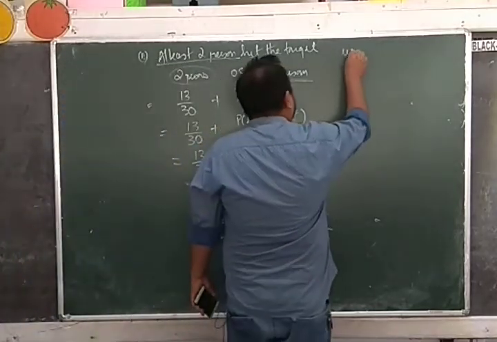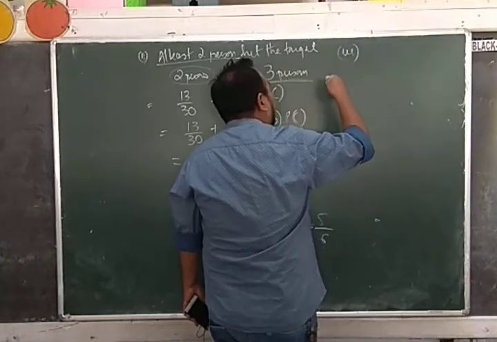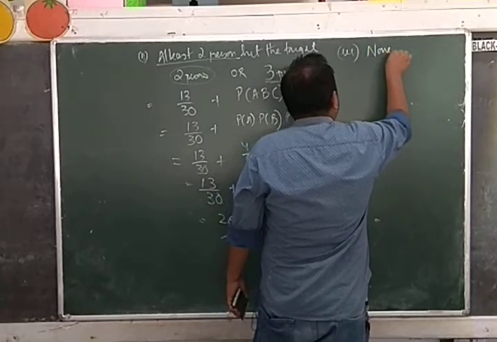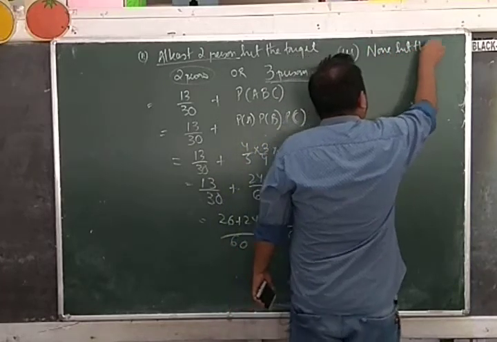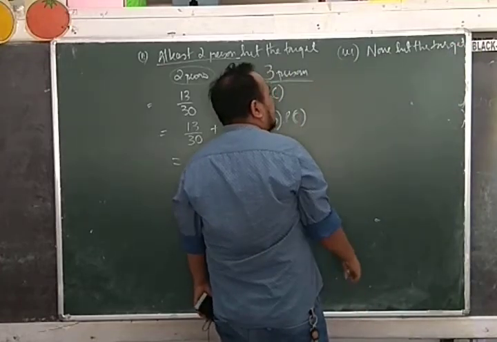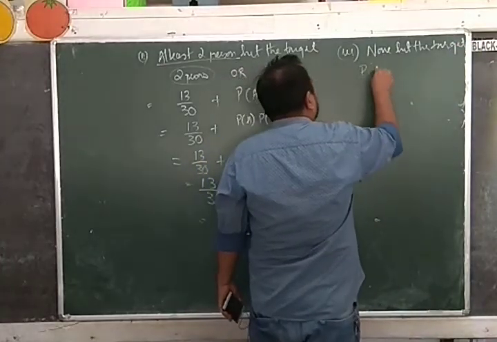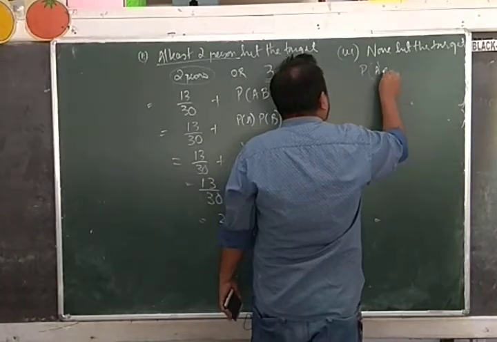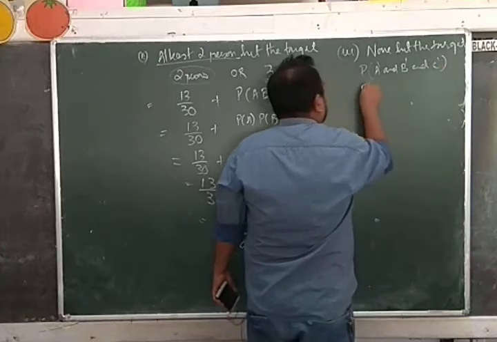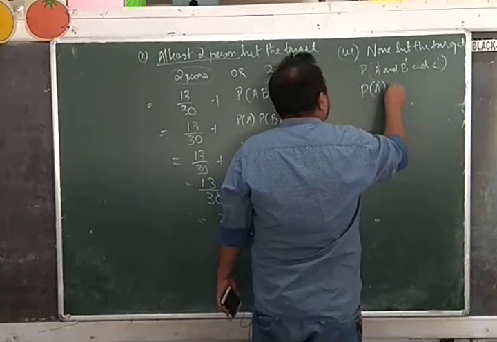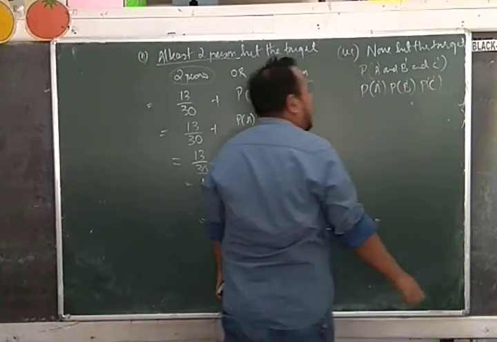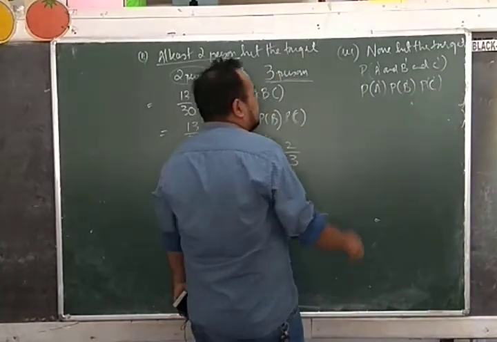And the third question says none hit the target. Keep in mind that we are shooting together. So none hit the target means what? A will miss and, because together, B will miss and C will miss. So this can be written as probability of A dash into probability of B dash into probability of C dash, because I have already told you, 'and' means multiplication, 'or' means plus.